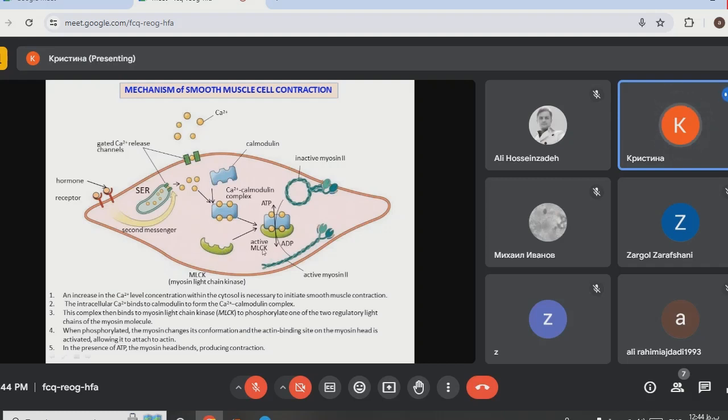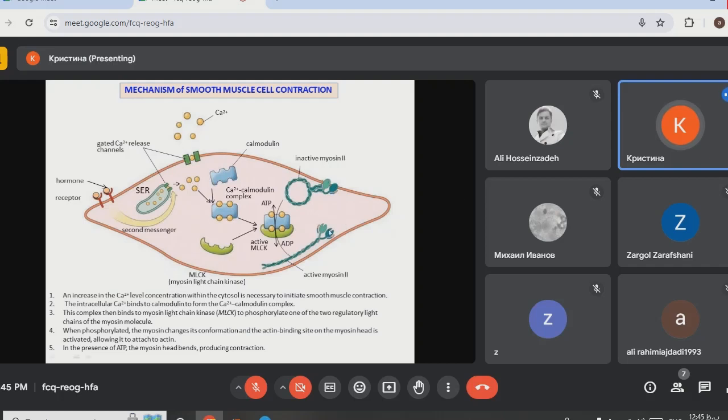This molecule uses an ATP molecule to phosphorylate myosin. So myosin goes from inactive to active form, and now myosin is ready to attach to the actin myofilament and to contract.